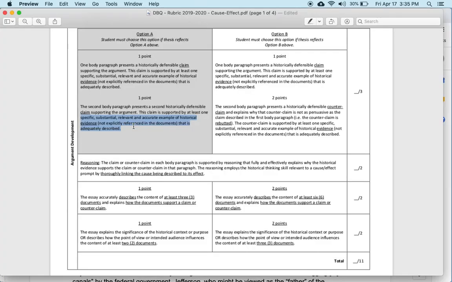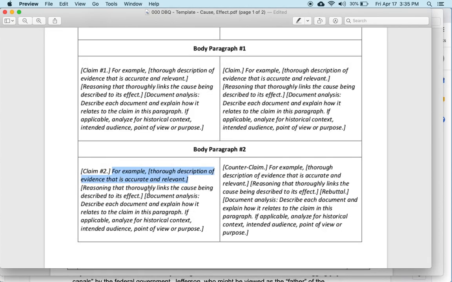Now I have to provide my reasoning. That is, I have to thoroughly link the cause to the effect. My argument is that the transportation revolution, innovations in transportation in the first half of the 19th century, led to political divisions in this country, meaning disunity politically.